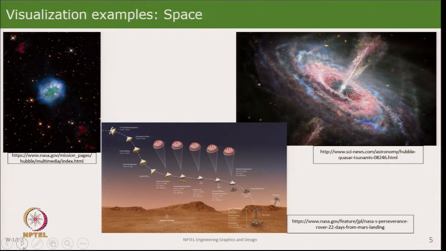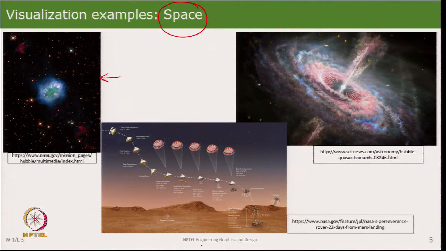Now, we move to a very different application, which is space. And this is a picture taken from NASA using the Hubble telescope, and it is looking in the distance at some stars, and we can see an image that comes out, and this is what scientists will then go back to interpret, what it means and what could be happening there.